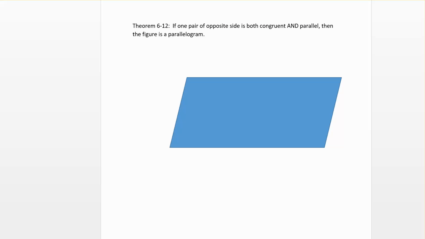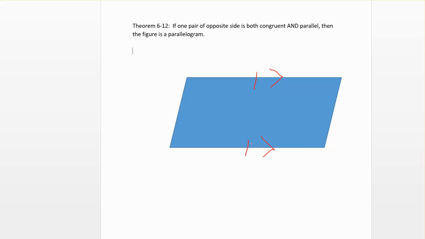Now, theorem 6.12 is kind of a standalone. It's not the converse of a theorem from section 6.2. It says if one pair of opposite sides is both congruent and parallel, then the figure is a parallelogram. So if these sides were marked congruent and parallel, that's enough for us to say that the figure is a parallelogram.